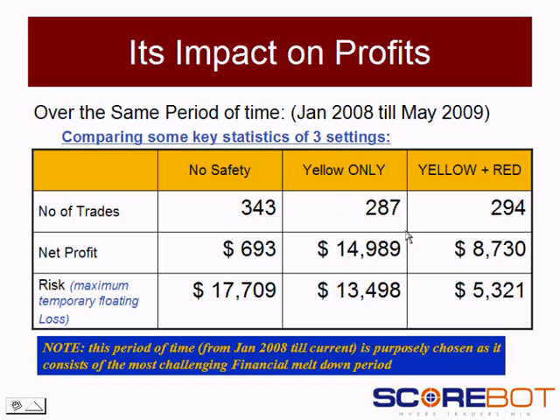If you remember the chart, yellow only gives you the best net profit return out of a 10,000 position from January until May 2009. So almost $15,000 of net profit. However, at the worst case maximum floating loss position, it was $13,500 of floating loss. So it carries a decent amount of risk, even though the chart looks okay.